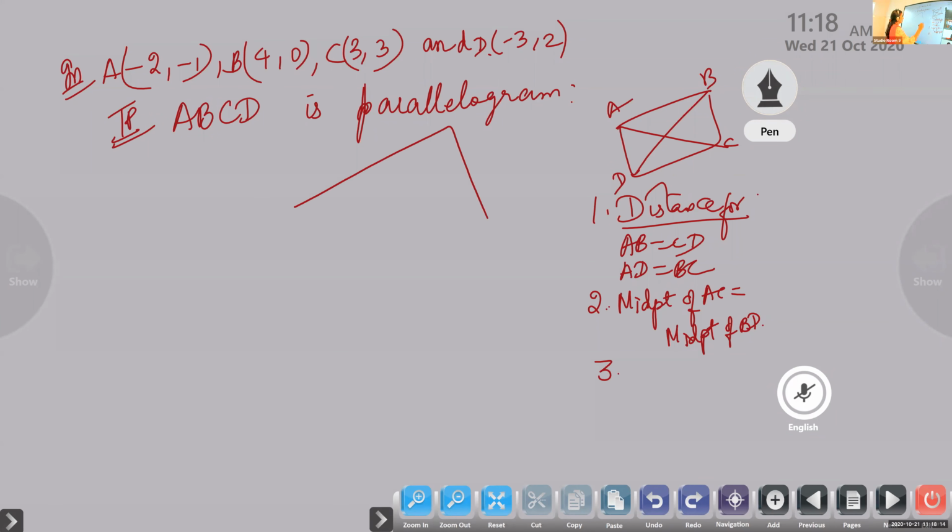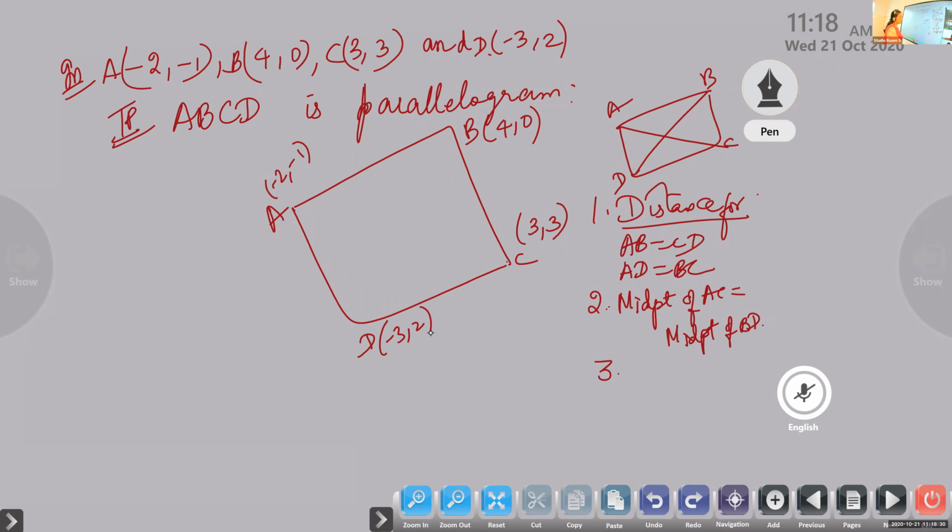Okay, so let me draw the figure here. Let A, B, C, D be A (-2, -1), B (4, 0), C (3, 3), and D (-3, 2). We have to prove it is a parallelogram. Here, we are going to use slopes. We find the slope of AB and the slope of CD.